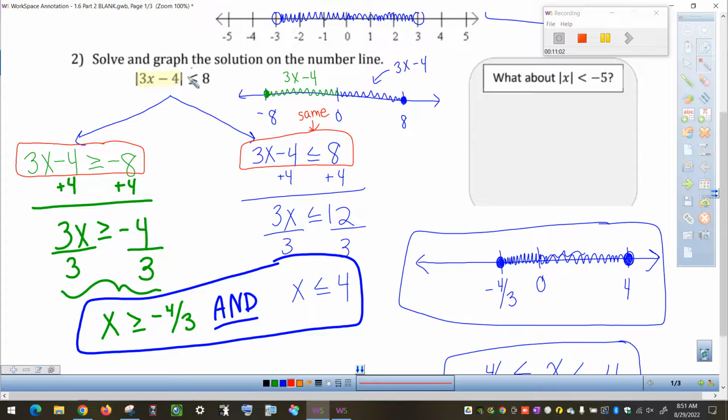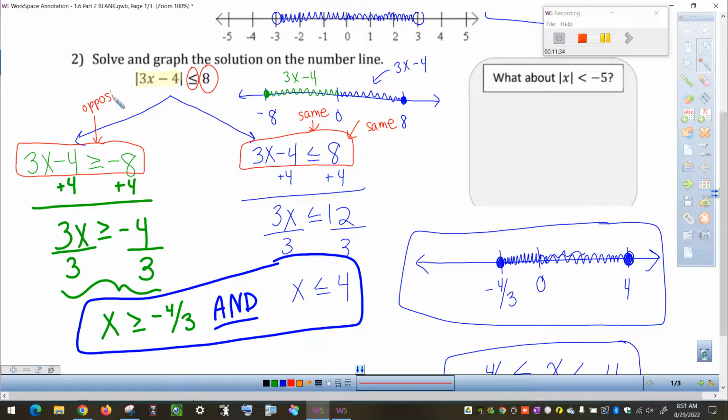So notice how the inequality symbol was exactly the same direction. And notice how the sign, meaning positive or negative sign, of the number on the other side was exactly the same. We did a positive 8. So I called that one the same one. Everything's the same. But let's take a look at the other one, and let's notice something, that now the direction of the inequality symbol, it's going the other way.